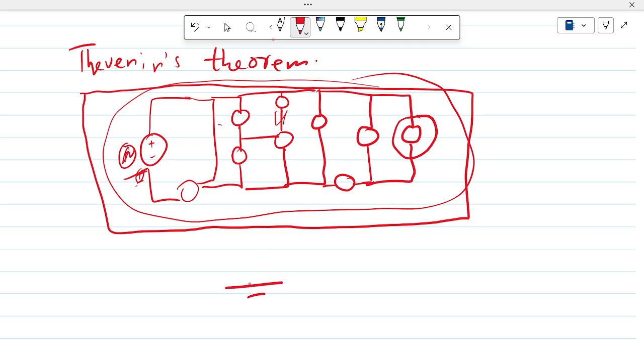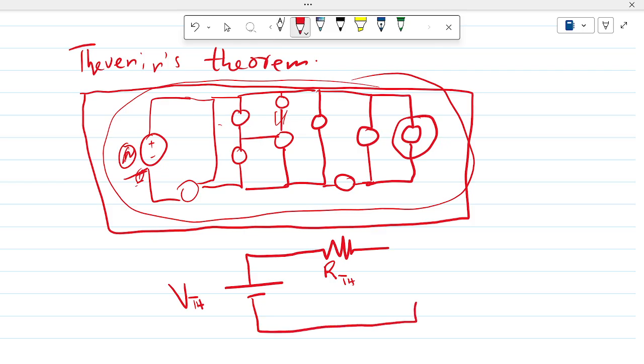A single voltage source, we call that Thevenin voltage. Obviously, it was a man who discovered it, so we put his name there. And a single resistance called Thevenin's resistance. And our point of interest comes right here.